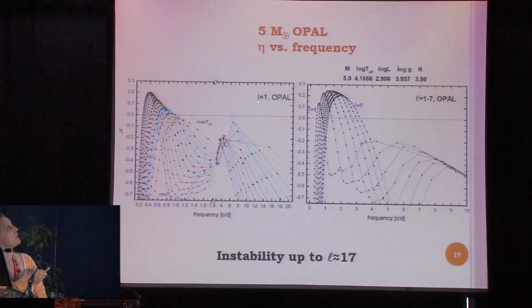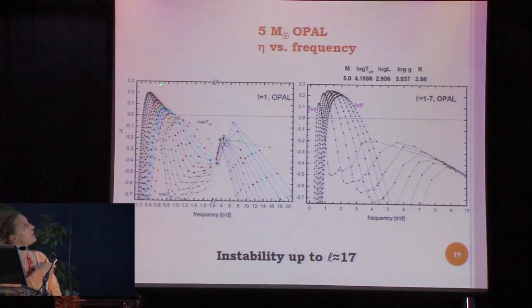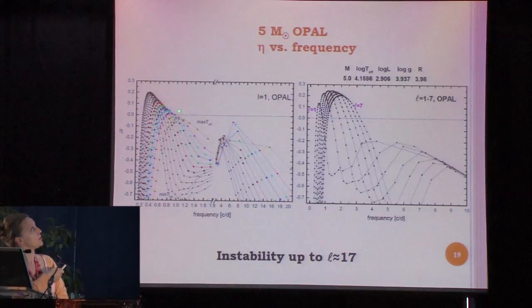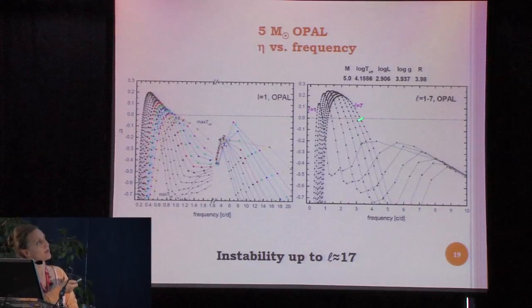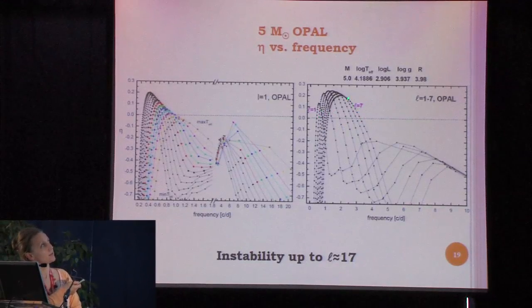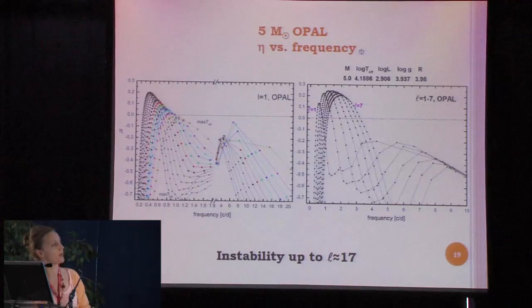So you can see here unstable dipole modes for OPAL data. Here we have typical frequencies for slowly pulsating beta stars. And here is the instability parameter for higher L values. I found instability in this model up to L equals 17.